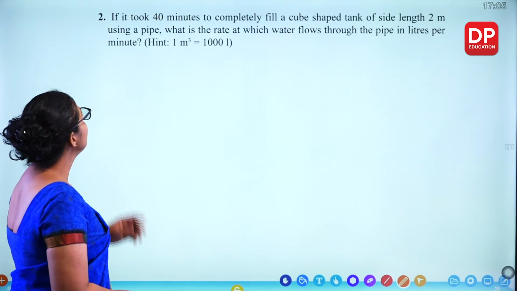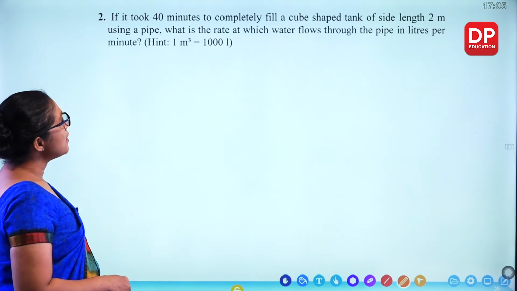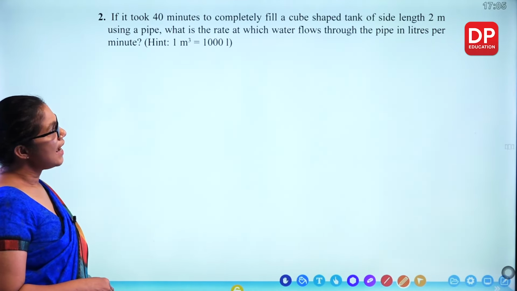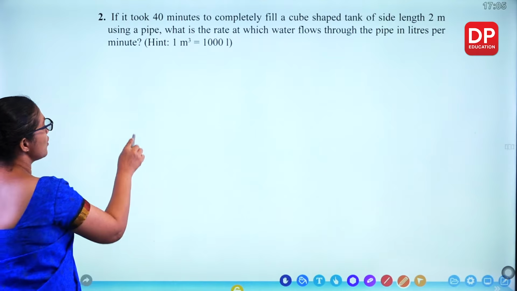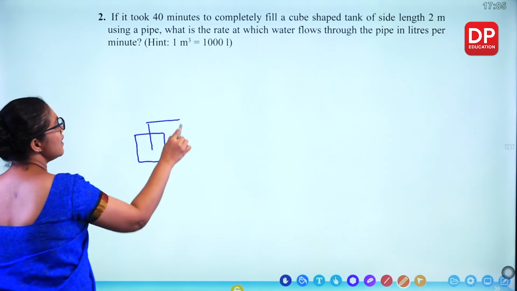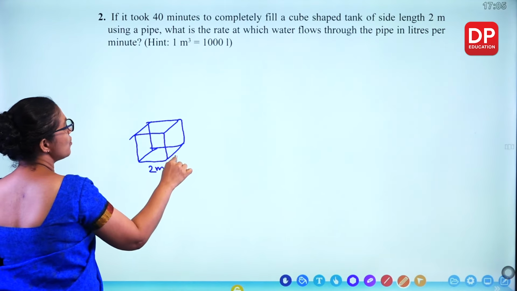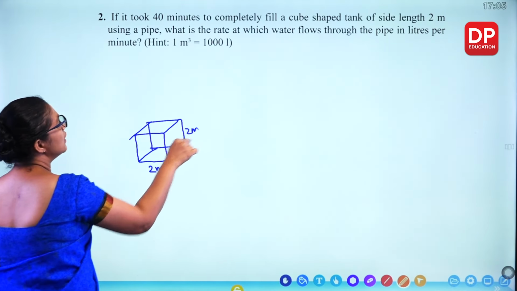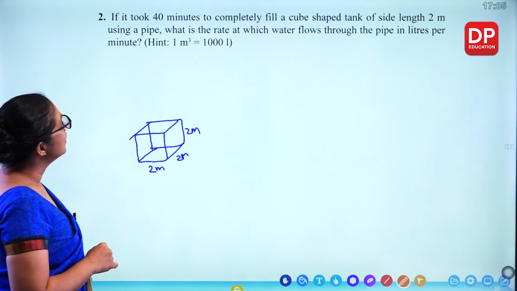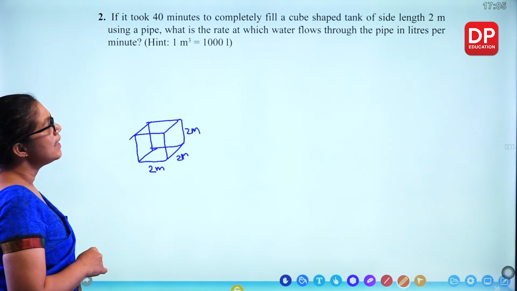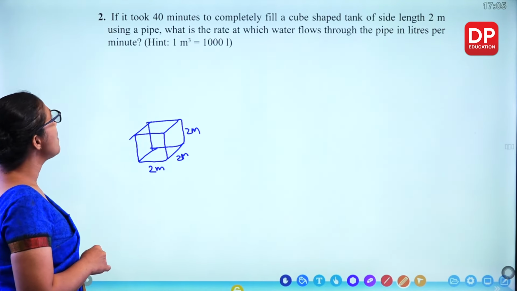Question number 2. If it took 40 minutes to completely fill a cube-shaped tank of side length 2 meters. So cube means all sides are equal. So 2, 2, 2. What is the rate at which water flows through the pipe in liters per minute?